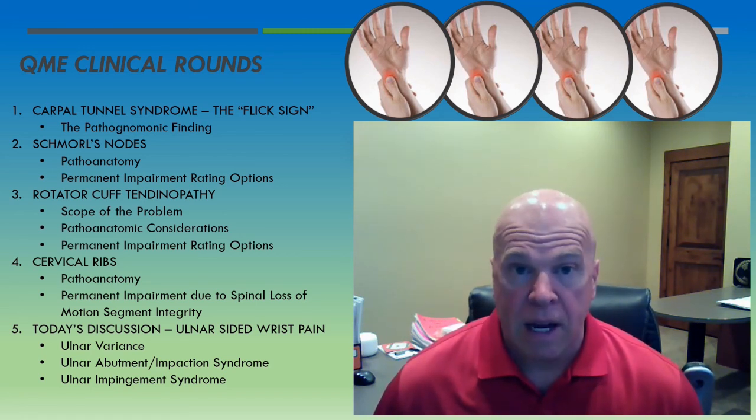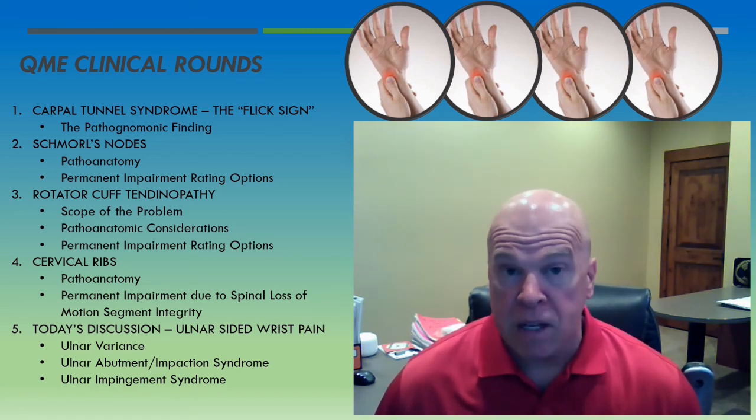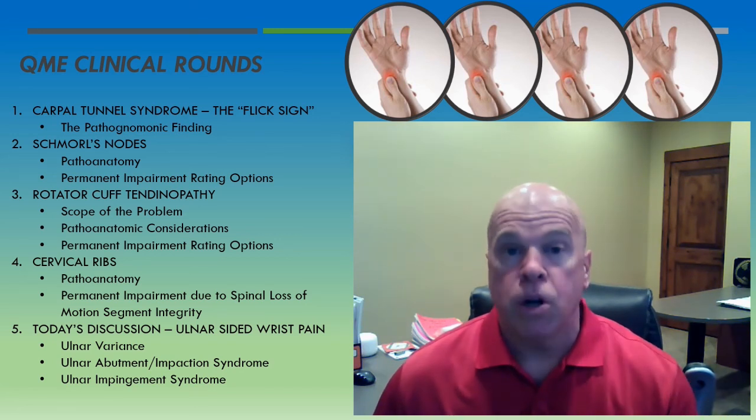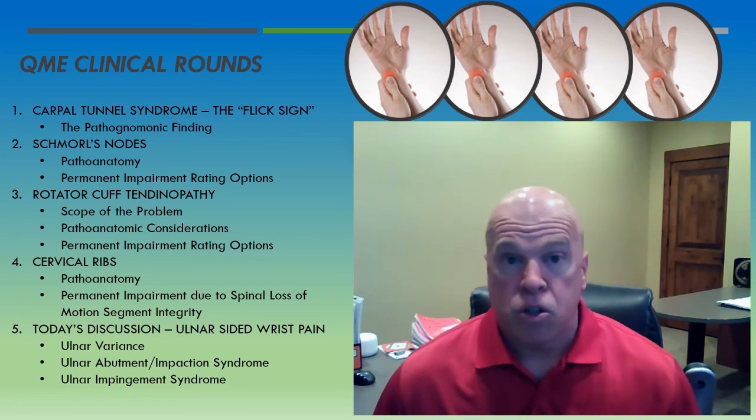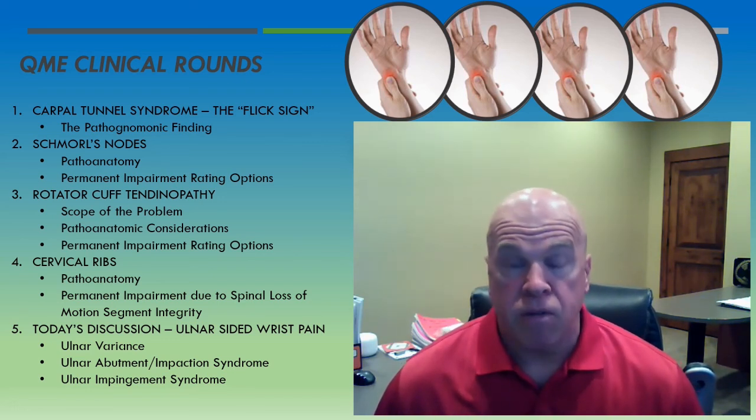Schmorl's nodes indicate a fracture of the vertebral end plates and a vertical herniation of the nucleus pulposus, either into the vertebrae superior or the vertebrae inferior.